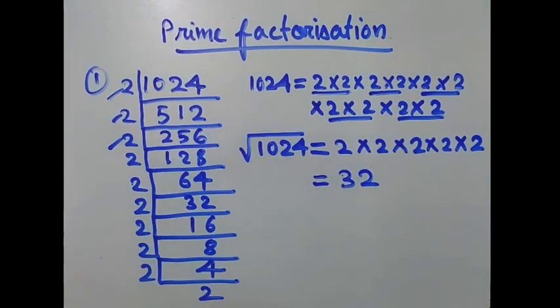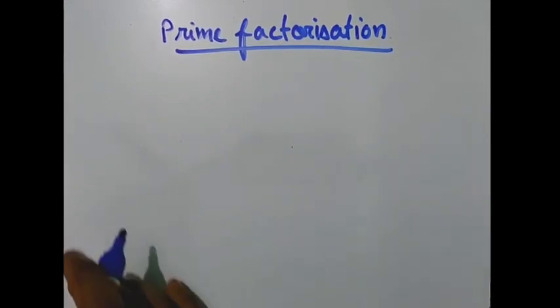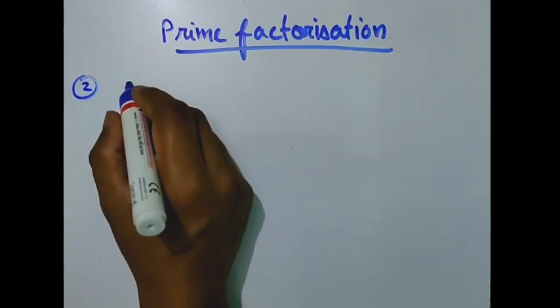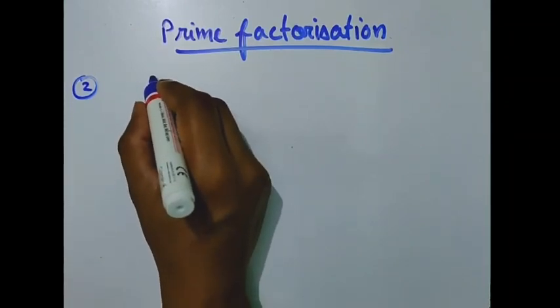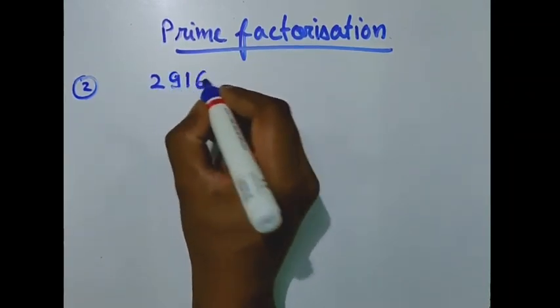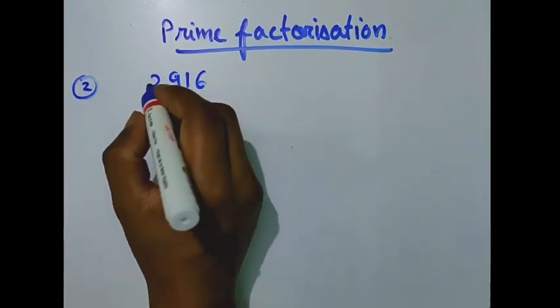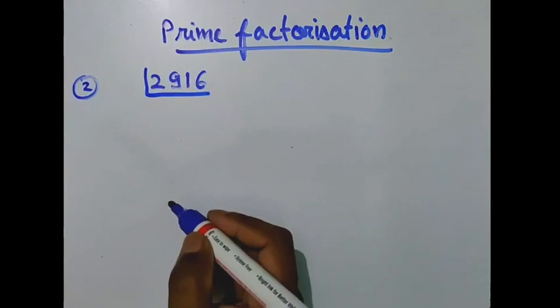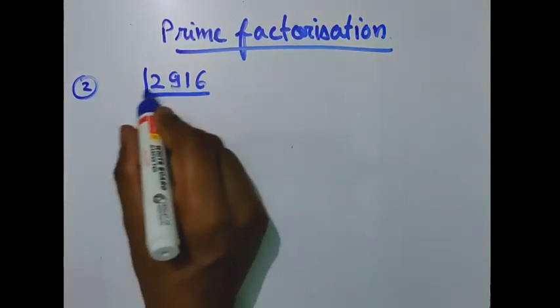Is it clear how to pair them off? Let's take one more example. Let's find the square root of 2916. So we'll find the prime factorization.